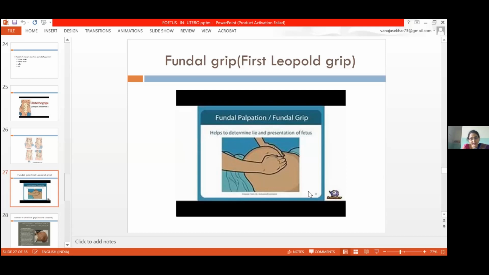And if it is a breech, it is broad, soft, irregular, and non-ballotable. So you have to see whether the upper pole is occupied by a breech or a head. By this, you will know the presentation.